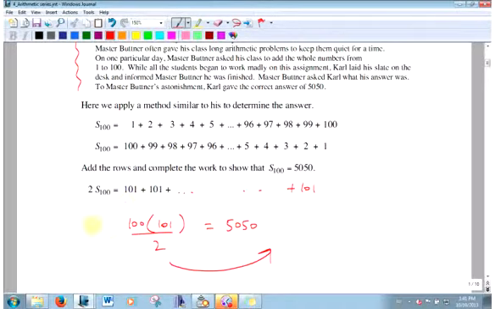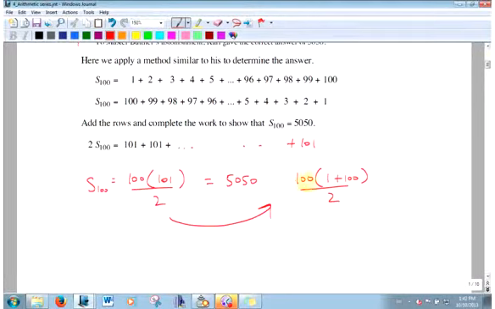What did he do? This was the sum of 100 terms. What did he do? He went, I took 100 terms. What is this? It's the first term plus the last term divided by 2. So in general form, I could say, well, this is the number of terms.